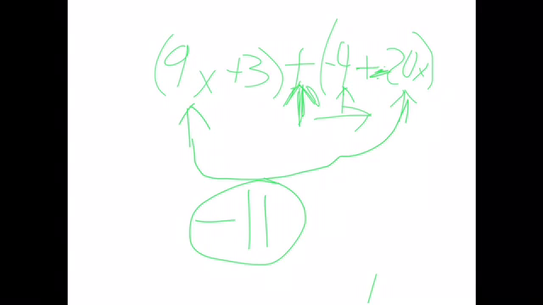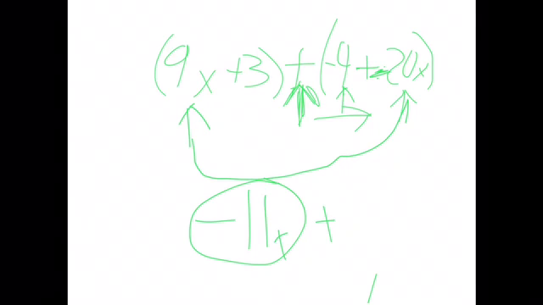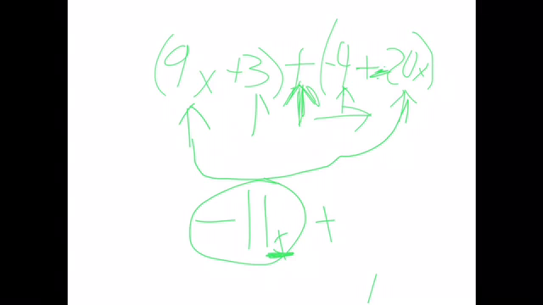Since that was only one like term, we have to do plus. And we have to put our x there. I almost forgot that. Make sure you get your variable in there. Plus our other one, so 3 plus negative 4.